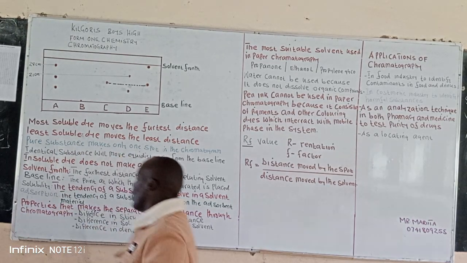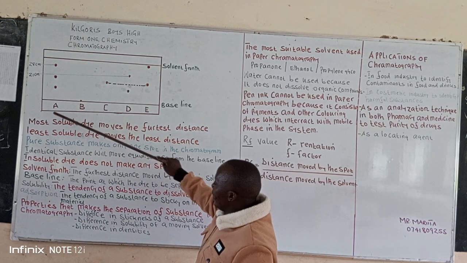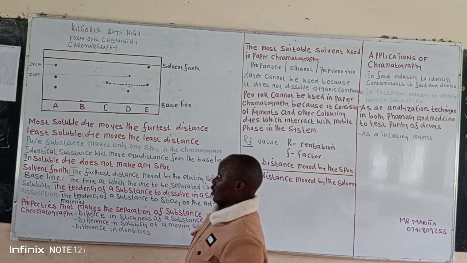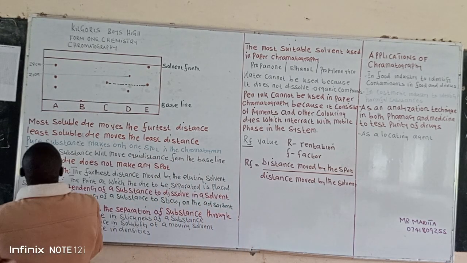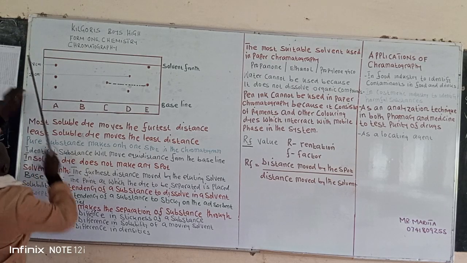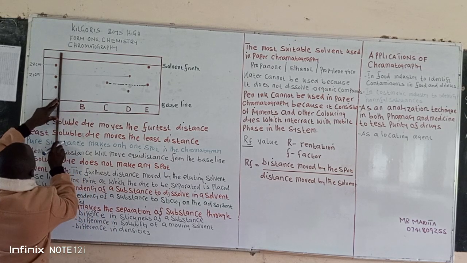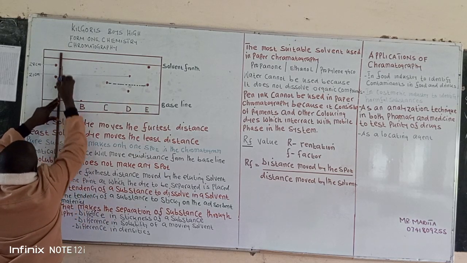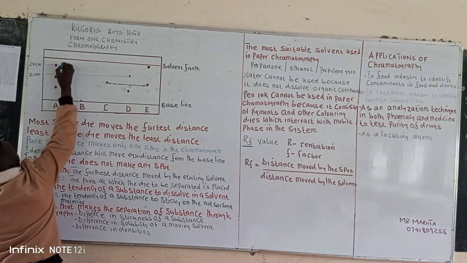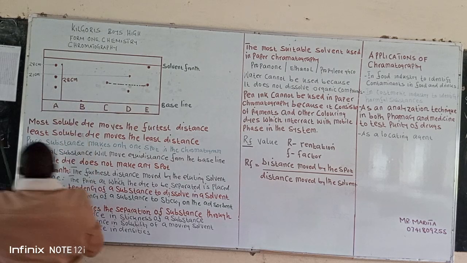For example, here in my diagram, we have the solvent. The distance moved by this solvent, from the baseline here up to where we have the last spot, is 28 centimeters.